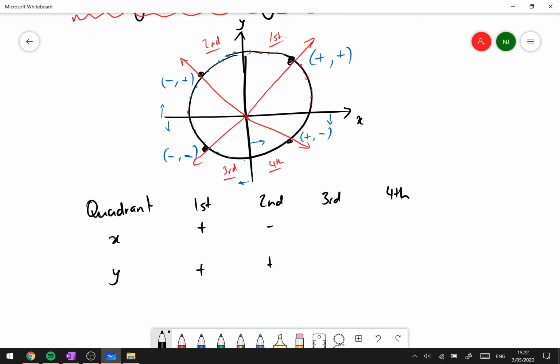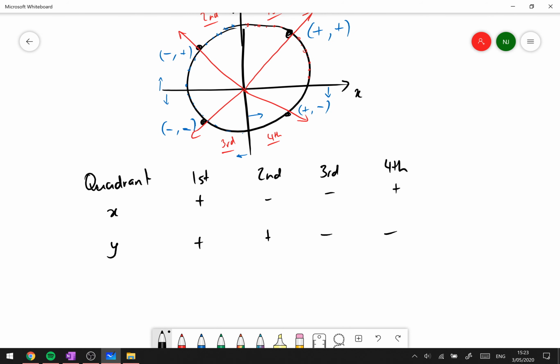In the second quadrant, the x is negative and the y is positive. In the third quadrant, the x is negative and the y is negative. And in the fourth quadrant, the x is positive and the y is negative. We also know something about the radius. It doesn't matter what the radius is, this distance is always a positive number. We can't have a negative radius.